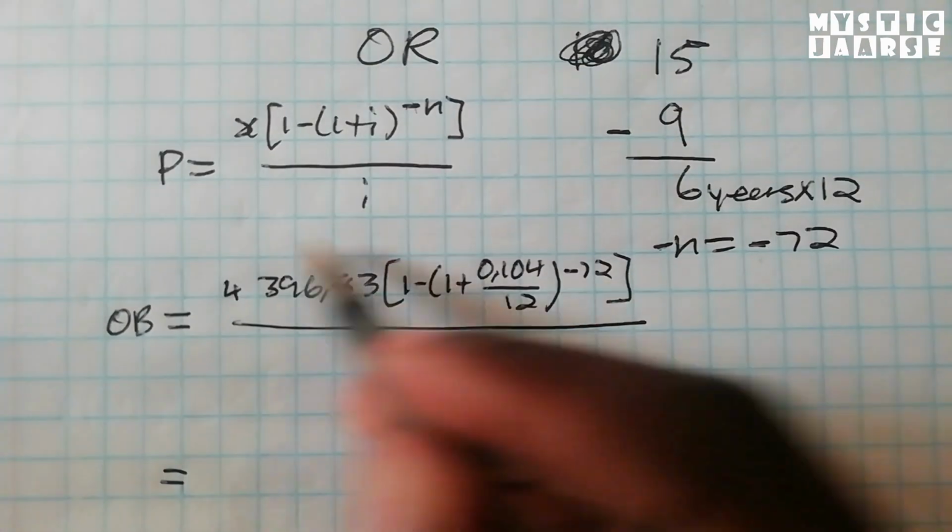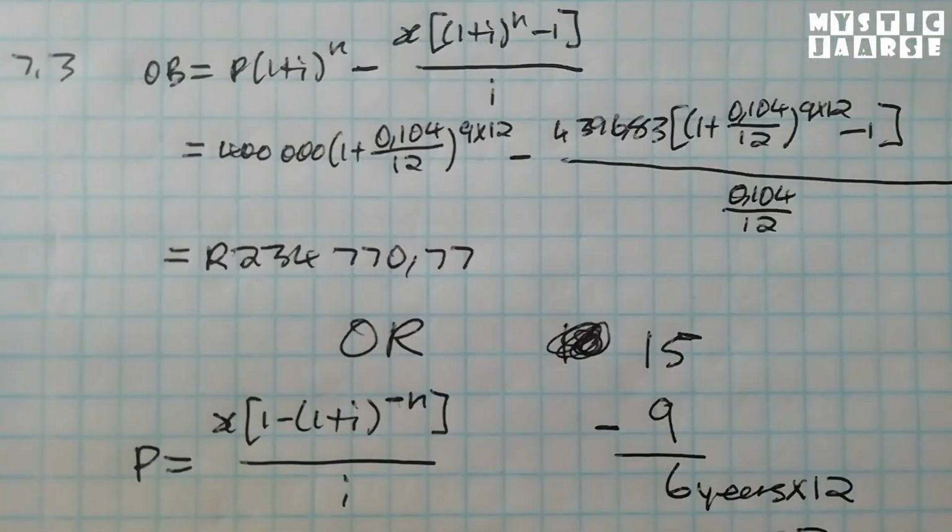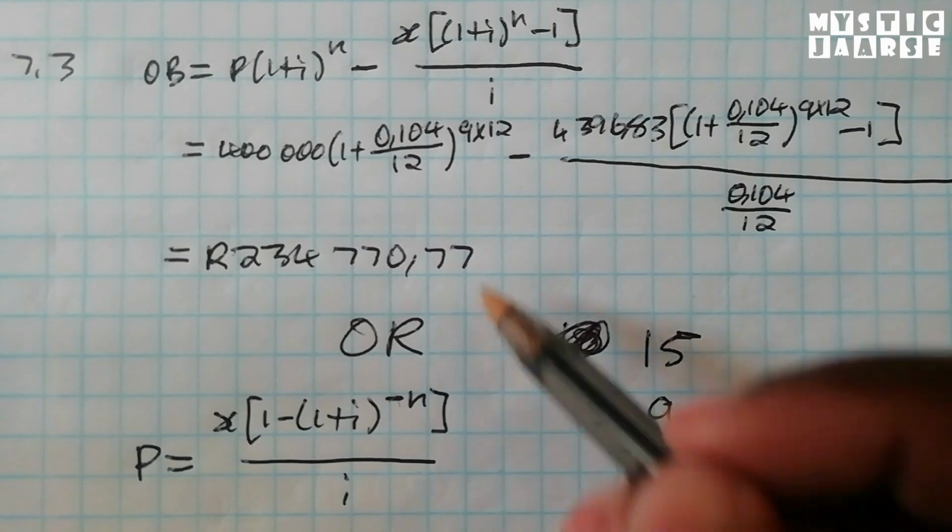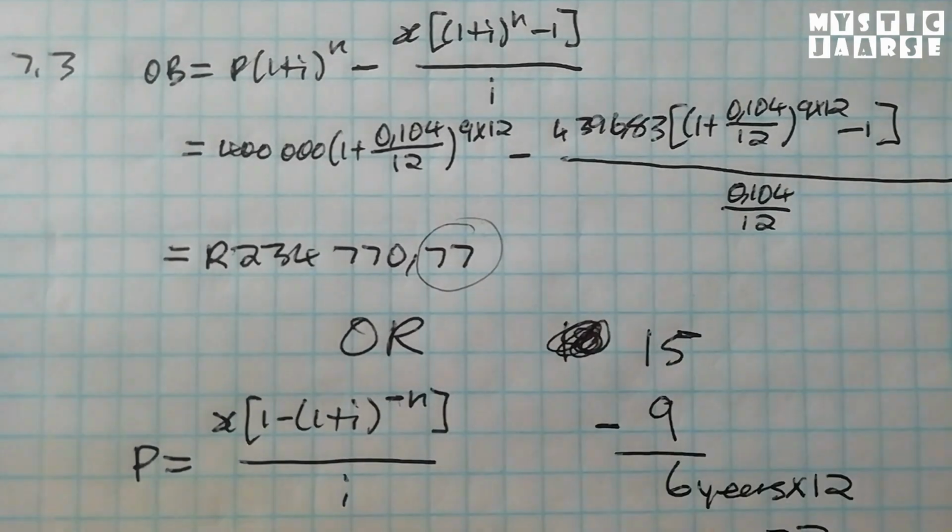When you plug this whole thing into your calculator, you should get a similar number to this one, but it will differ on the decimals.